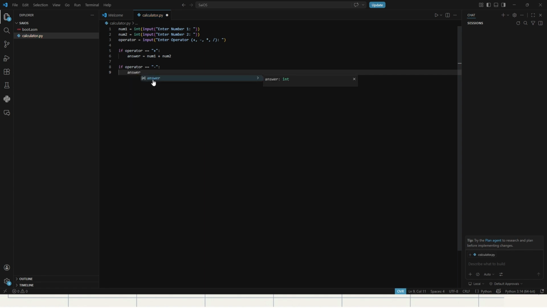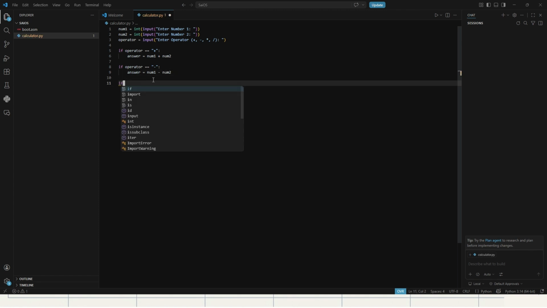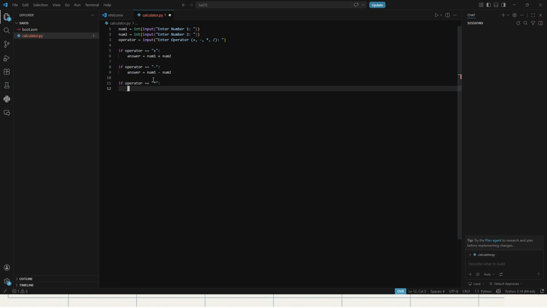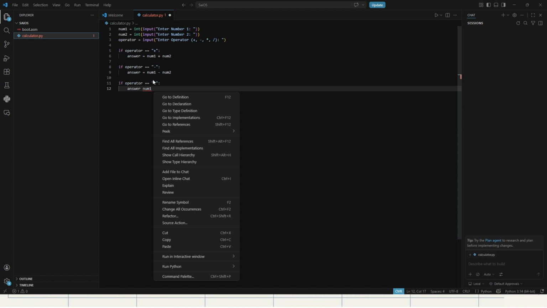We don't need that because we can get the number in negative form also. So num1 minus num2. Again, if operator is double equal to multiplication, then answer is equal to num1 into num2.